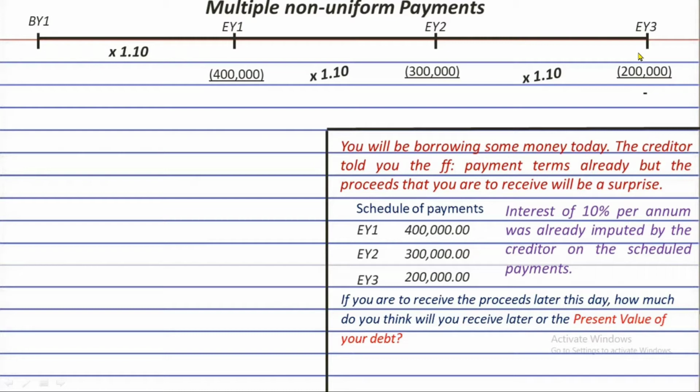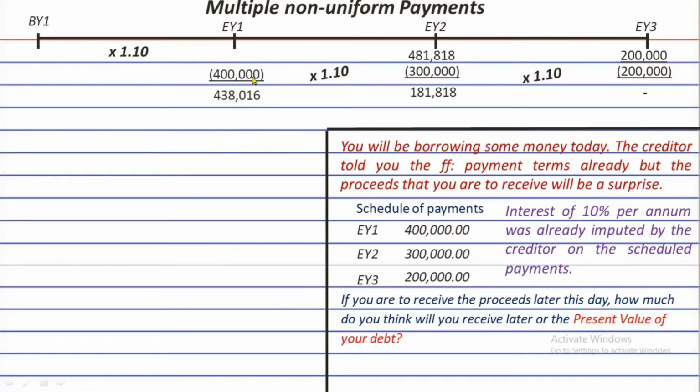So this must be 200,000 here. If this is 0, now let's divide it by 1.10. And we will get 181,818 plus 300,000. So this must be 481,818. And then divided by 1.10 again, and we will get 438,016.